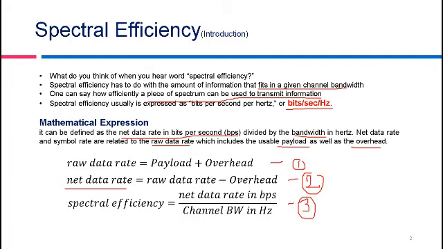Then, using the net data rate, we can calculate the spectral efficiency, which is the net data rate in bits divided by the channel bandwidth in hertz. So from equation number 3, we can calculate the spectral efficiency.